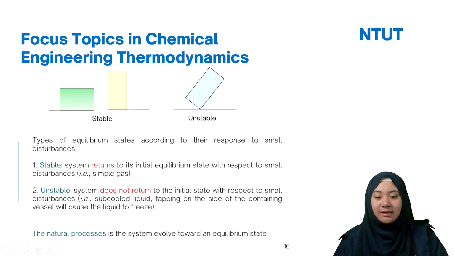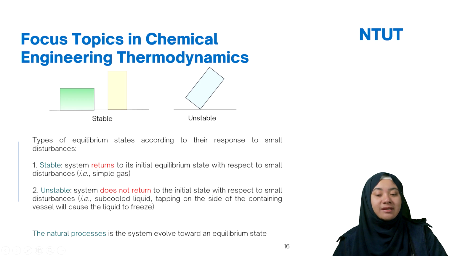We call this stable. But if it is unstable, you put it in an initially unstable condition, and it will not return to the initial state or the stable condition. For example, a subcooled liquid tapped on the side of the containing vessel will cause the liquid to freeze. We call this unstable.